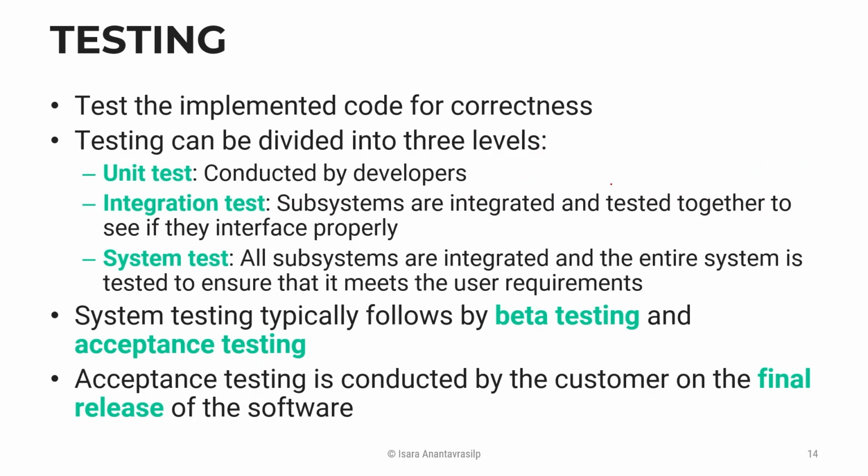The next is the system test. All subsystems are integrated into the system, and the entire system is tested together to ensure that it meets the user requirements. Usually the system test is at the user level. Okay, the user clicks something, inputs something, and the data pops up correctly.